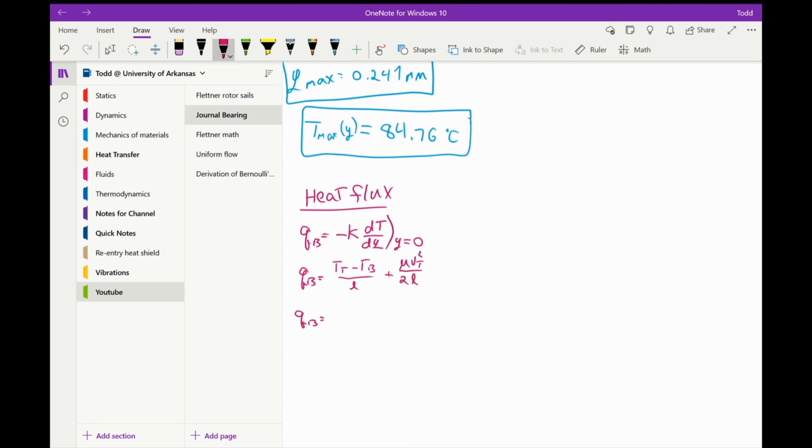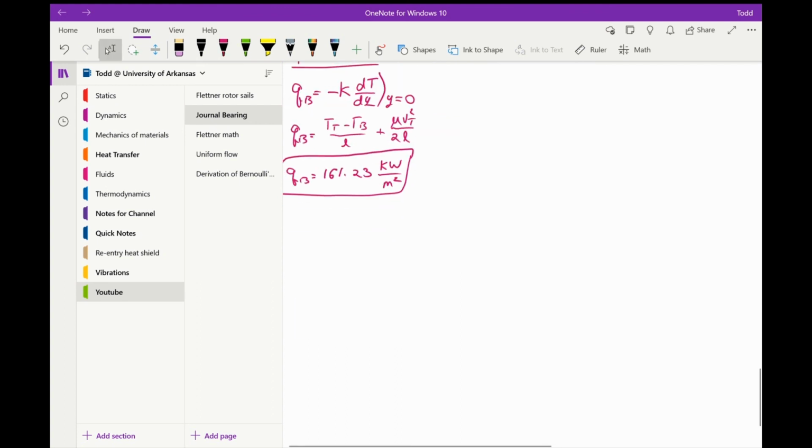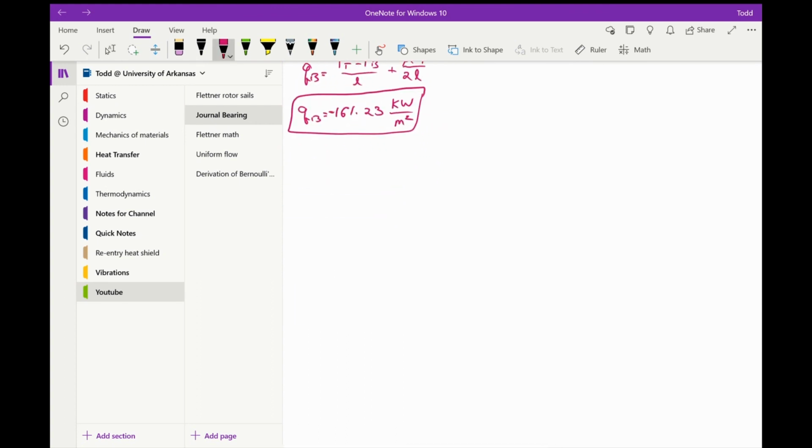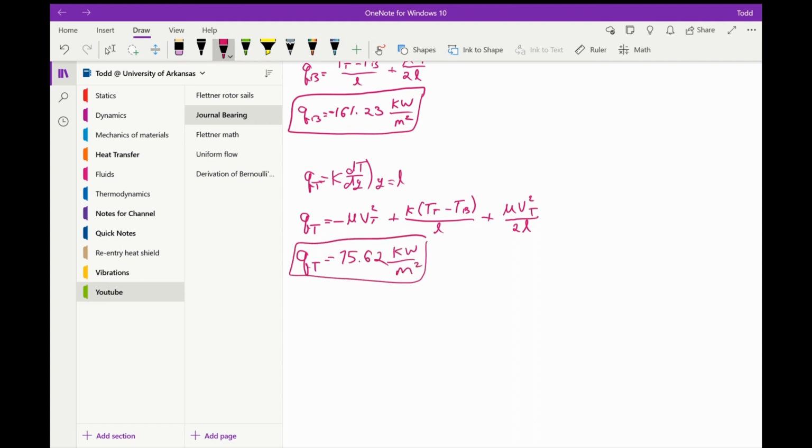As you can see, the heat flux equation is very simple and quick to solve for, which gives us a heat flux of 161.23 kilowatts per meter squared. We will use the same method for the top surface, which nets us a heat flux for the top of 75.62 kilowatts per meter squared.